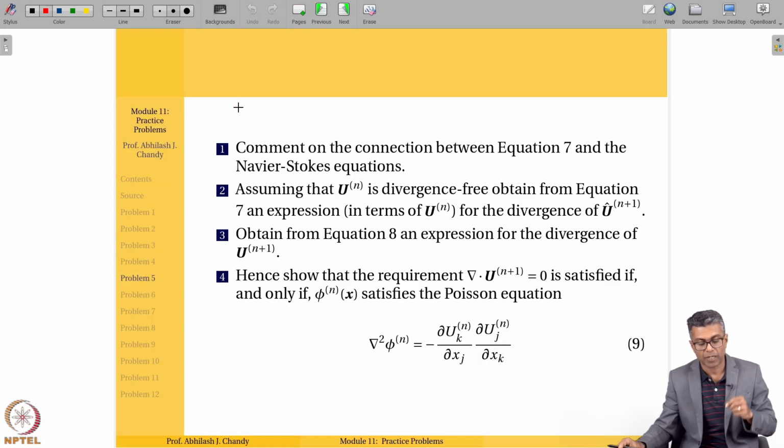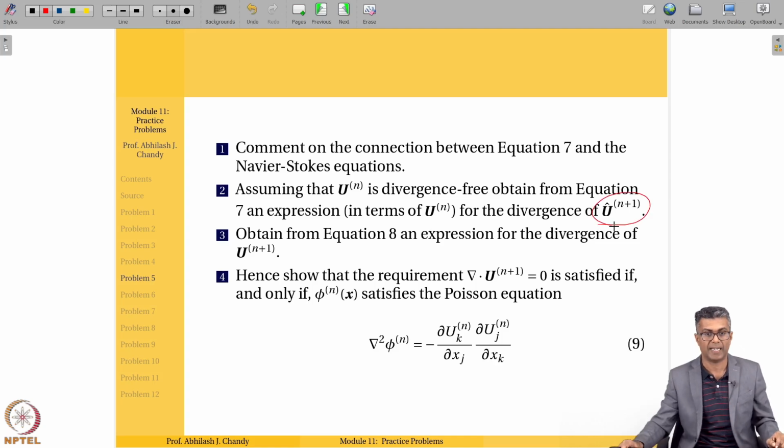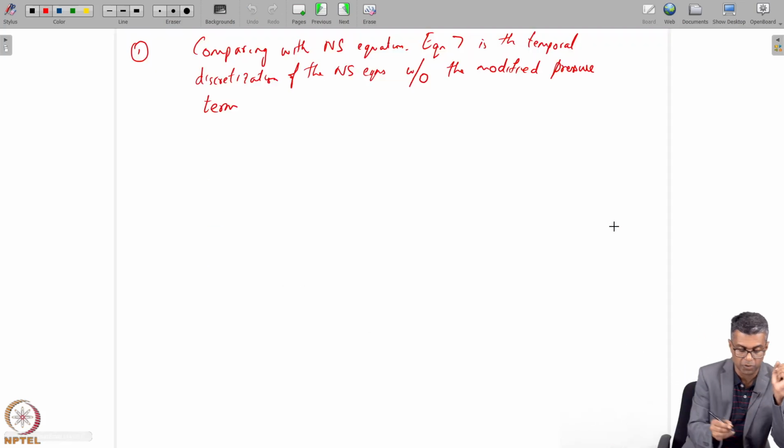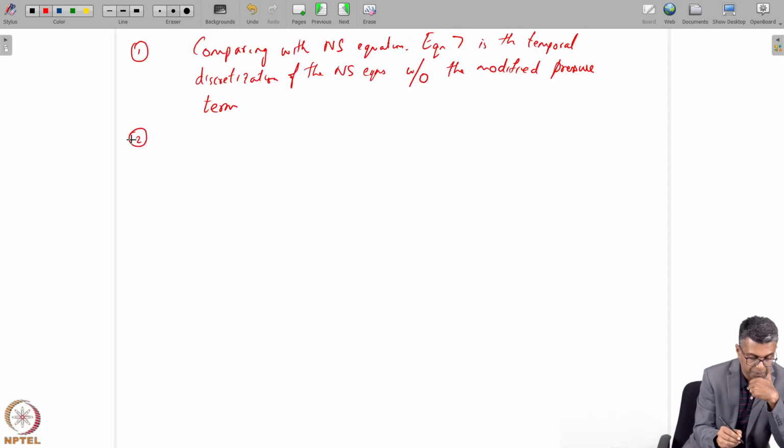Assuming that u of n is divergence free, obtain from equation 7 an expression in terms of u of n for the divergence of this intermediate velocity u hat. Okay, we need to evaluate what the divergence of the intermediate velocity is. So this is part 2, and what we need to evaluate is del dot u hat at n plus 1, the intermediate velocity.